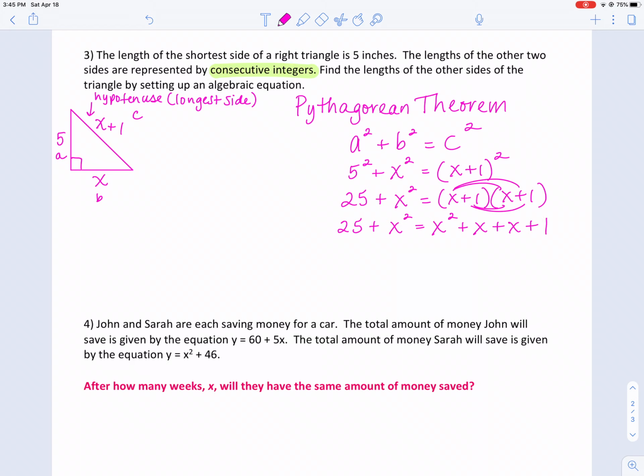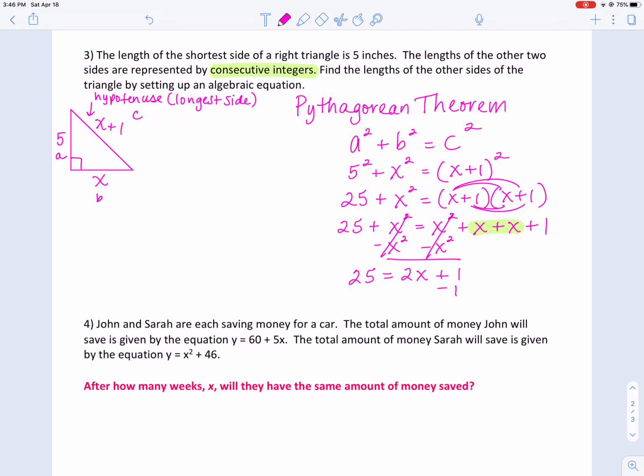Now this is interesting because here, if I minus x squared, guess what happens to the x squareds? They're gone. And now you have 25 equals, these are like terms, 2x plus 1.